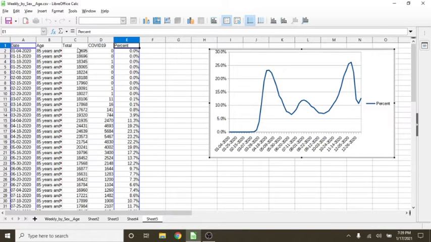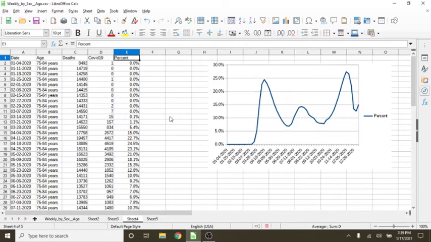Yes, there's total deaths, but you know, again, these are rough barometers. So once again, 85 and older over 10%. 75 to 84, the death rate's actually a little higher, which is sort of interesting.